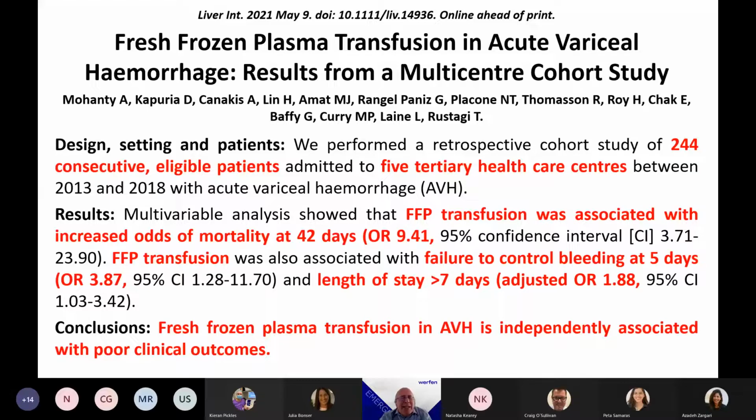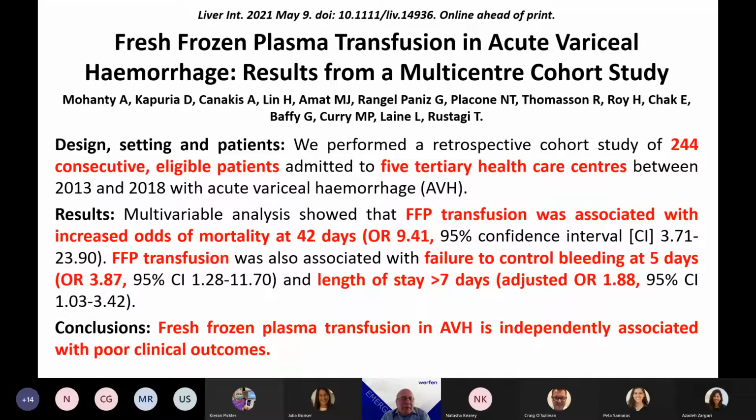So that means nearly 10-fold increase in mortality with liberal plasma transfusion. At the same time, plasma transfusion was associated with a failure to control bleeding at day 5 and also with a prolonged length of stay at the ICU.